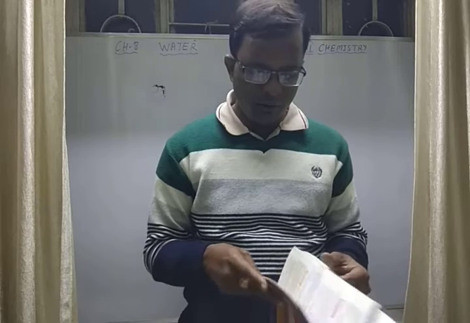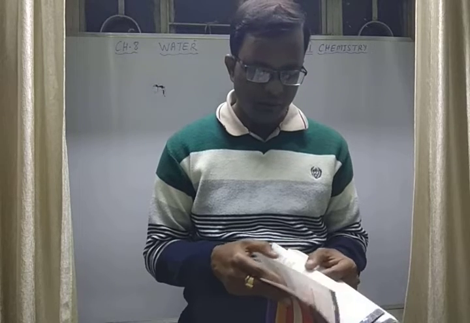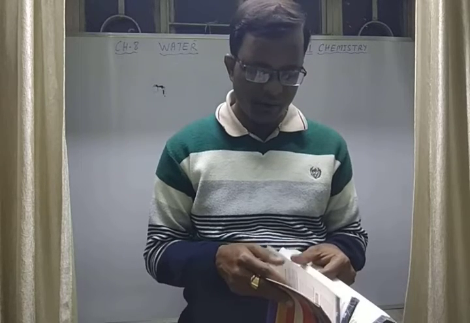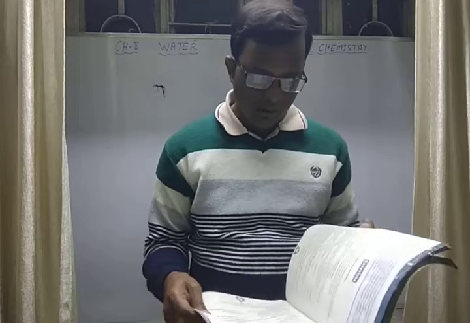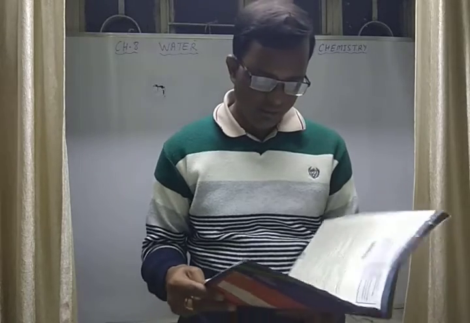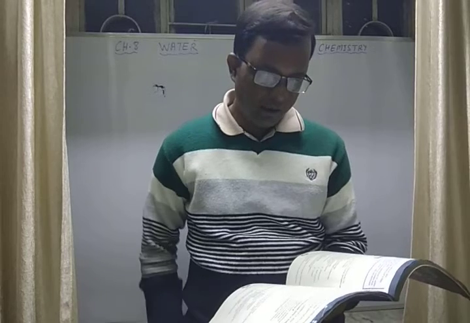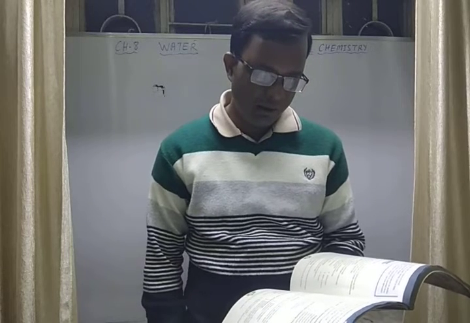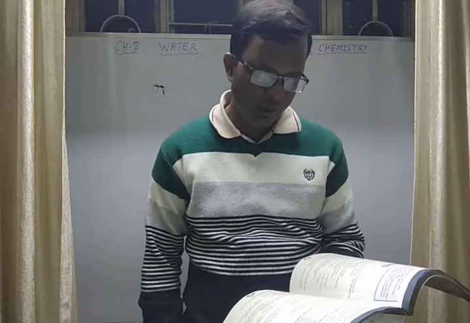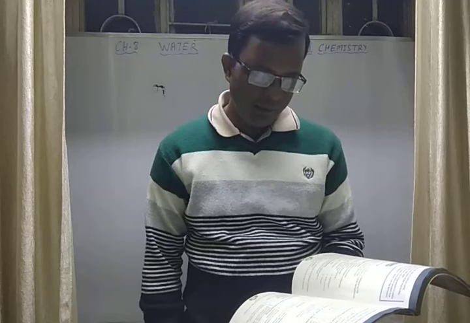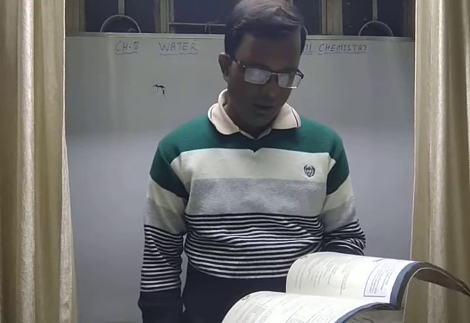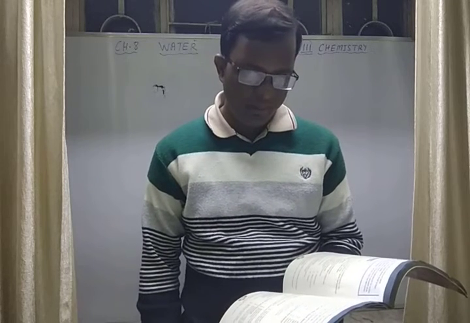And I have told you to write the short answer questions from chapter 8, that is: give reasons for the following, explain the terms, state one relevant observation for each of the following, and distinguish between the following. If you get any doubt while answering these questions, you can ask me in your next online class. I will explain to you.